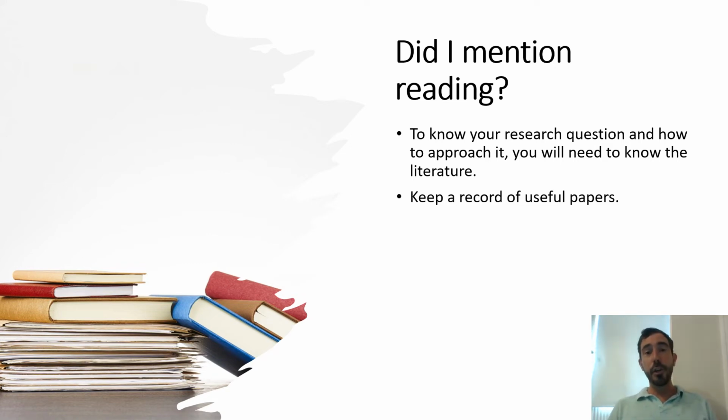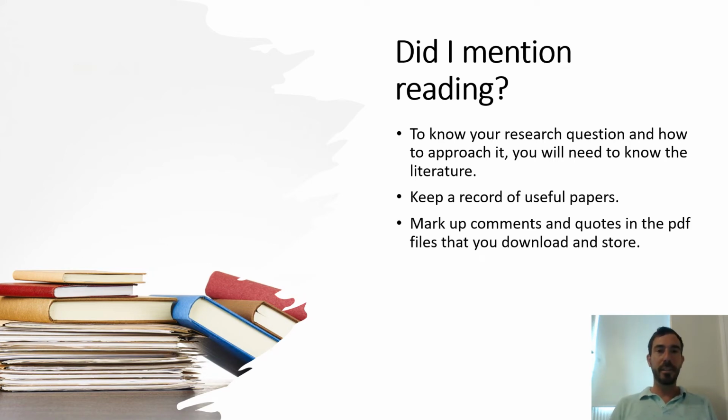Keep a record of useful papers. For example, store references by themes or topics. Make notes on the references themselves. Adobe Acrobat has a brilliant comments function where you can stick notes on various parts of a paper and come back to them. You can also highlight text so you can easily find areas that might be useful for when you write your introduction or might have experimental design information that you need for your methods.